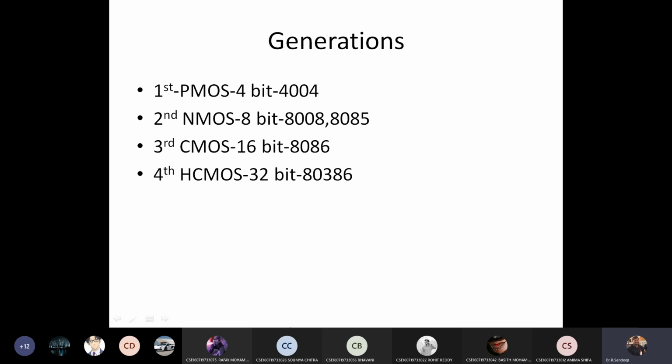The speed of the microprocessor is measured in terms of the number of bits that can be handled by the processor at a time, either 4, 8, 16, 32. If it is a 64-bit machine, it is a more powerful machine. So we are using 5th generation microprocessors.